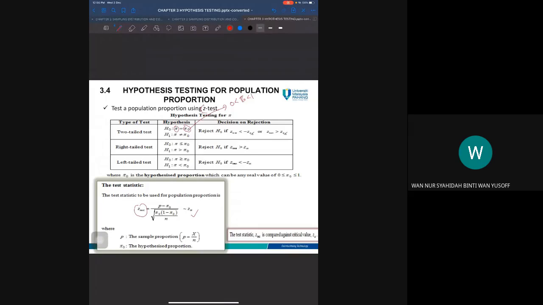Some students make mistakes on the p, where it should be p but they write it as x. You have to understand the characteristics of x and p first. If you have a percentage or probability, it is a p.